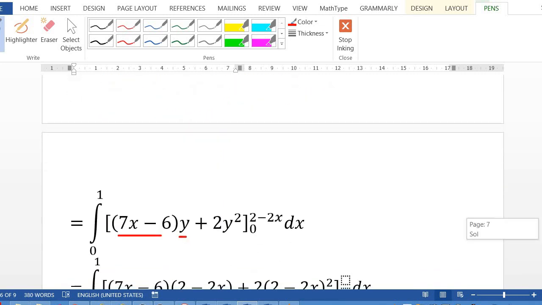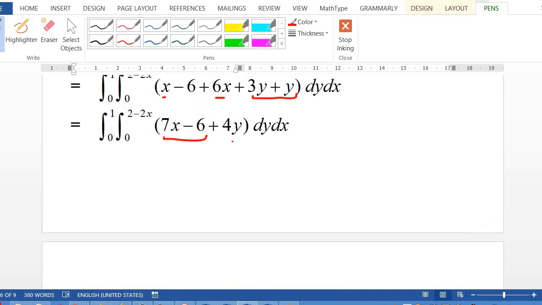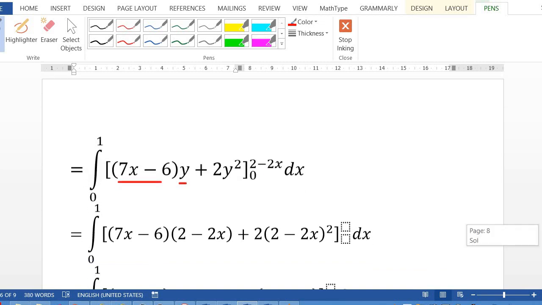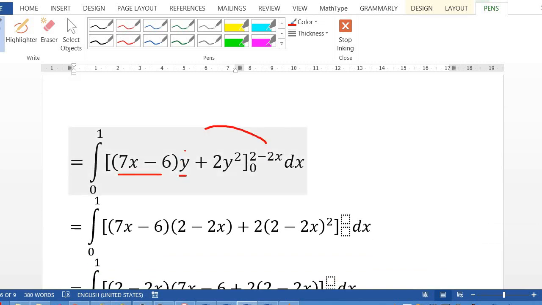So 7x minus 6 times y. Integrate 4y with respect to y, you have 4y squared divided by 2, which gives you 2y squared. So plug in the limit of y from 0 to 2 minus 2x. You plug into y here, this one, then this one, 2 times 2 minus 2x squared.